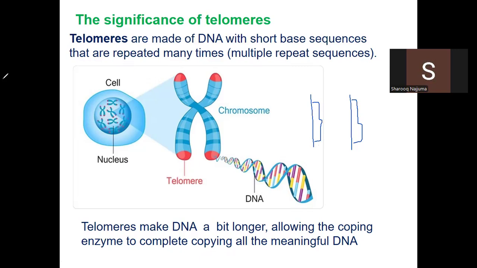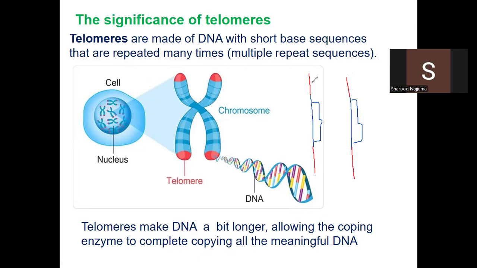So that is why God created telomeres. Assuming these are our telomeres, the telomeres are going to lengthen. They make the DNA longer, such that if the copying enzyme comes in, it will be able to copy all the important DNA.